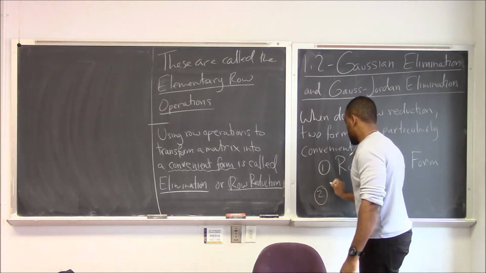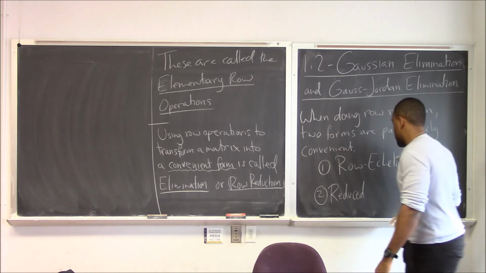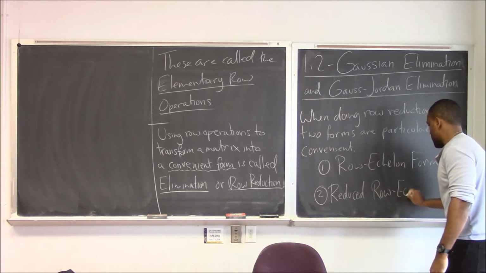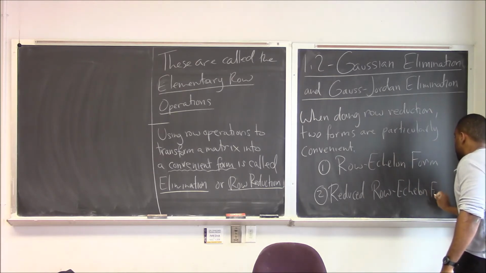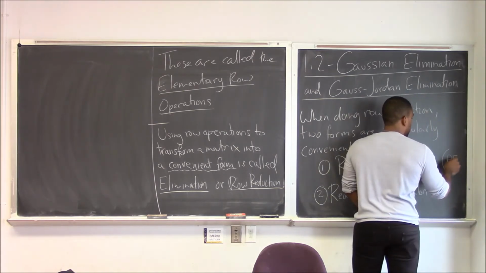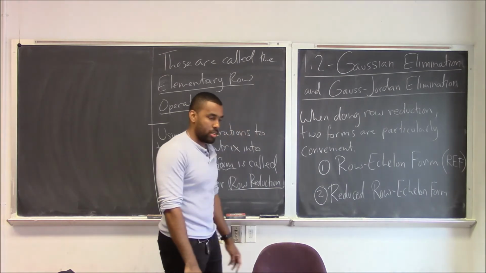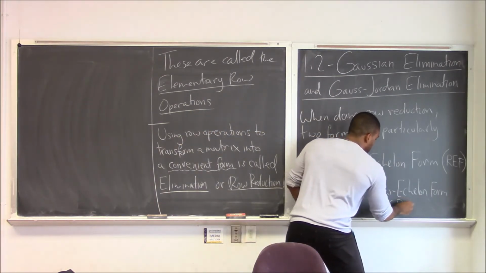Two, this is called reduced row echelon form. I will abbreviate this by REF. So from this point to the end of the semester, anytime you see me write down REF, I'm talking about a row echelon form. I will abbreviate the reduced row echelon form by RREF.